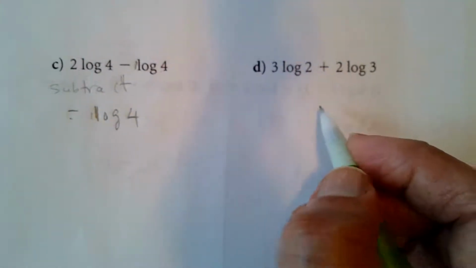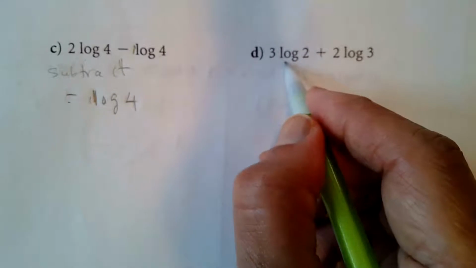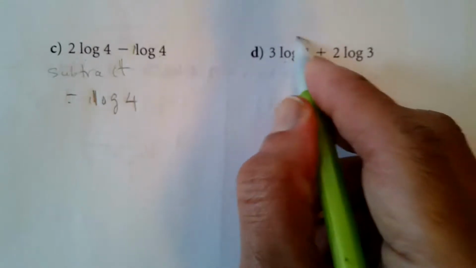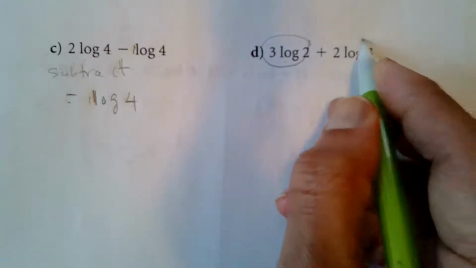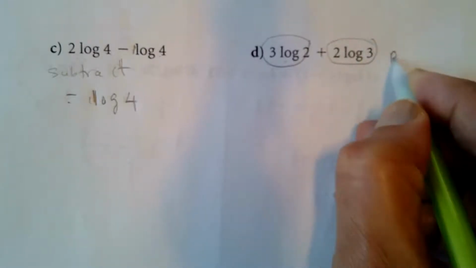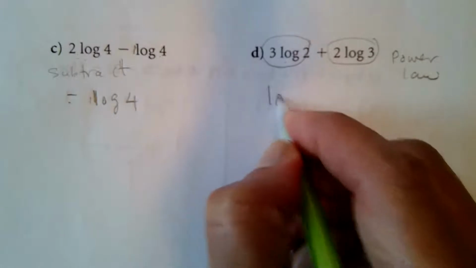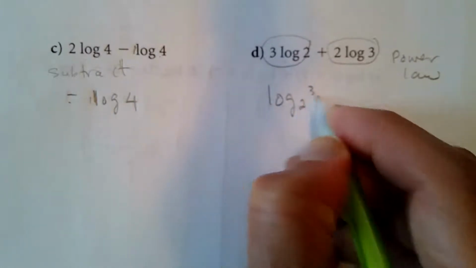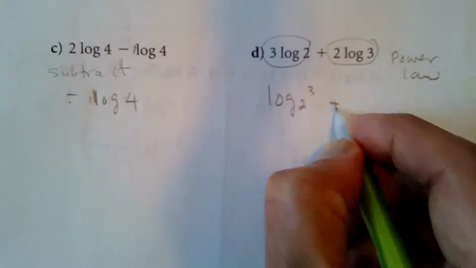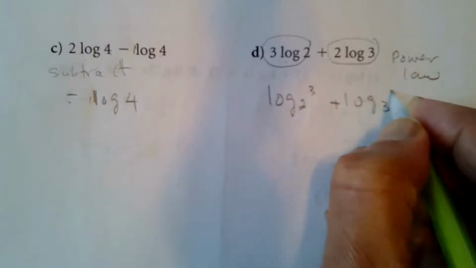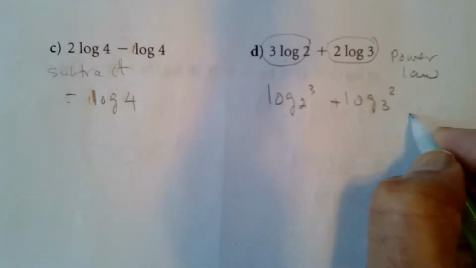And next we have, first thing we apply the power law. Get rid of both of these here. This is the power law. So log 2 to the power 3 plus log 3 squared. Then we apply the product law.